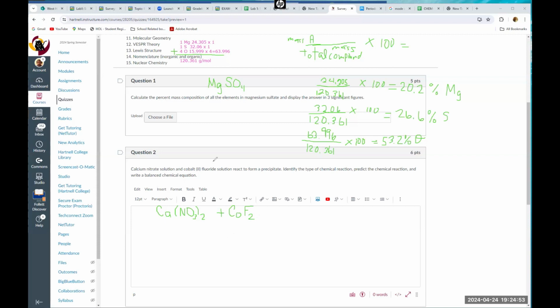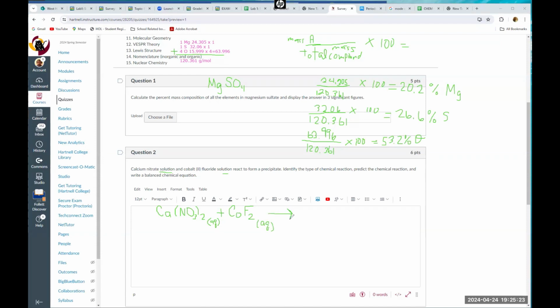Now it says solutions. What does that mean? Is that going to be a solid, liquid, gas, or aqueous? Aqueous. And then that's going to yield.